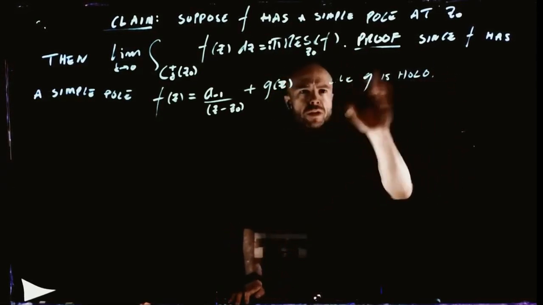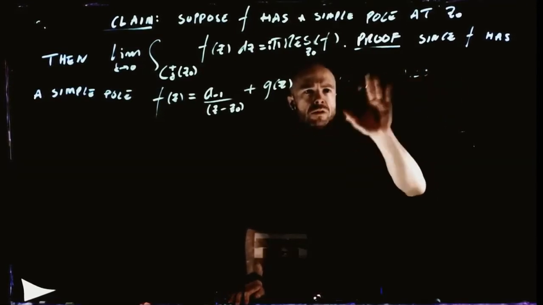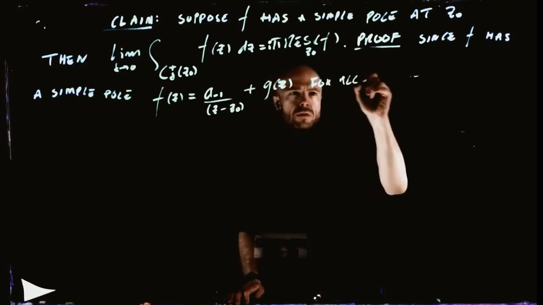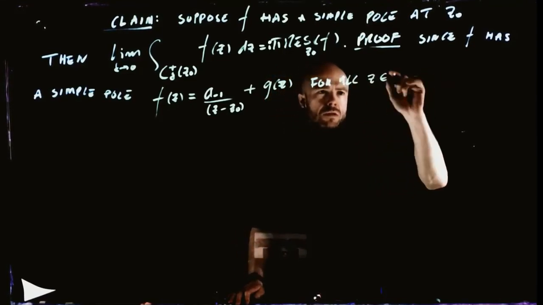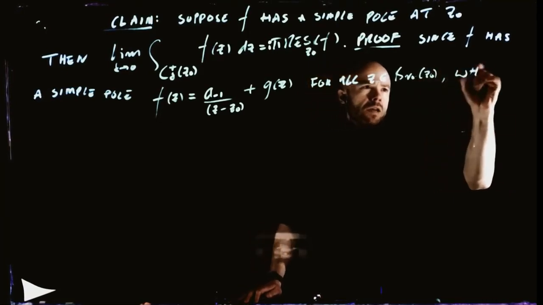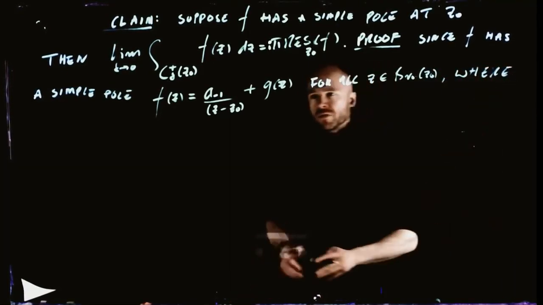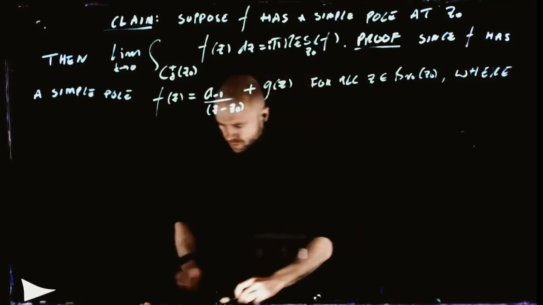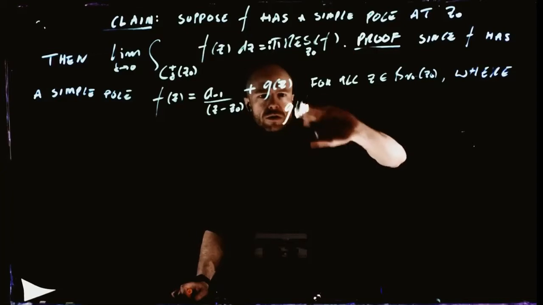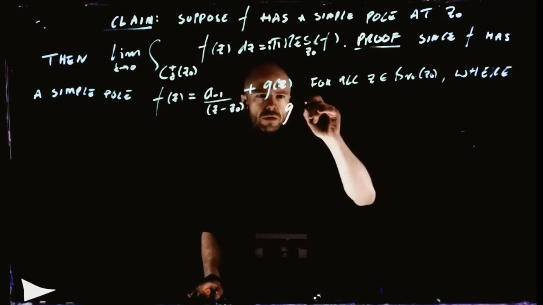Let me do this better. So with this, for all z inside a small neighborhood, say B(z0, delta), where g is just a holomorphic function defined in this neighborhood.